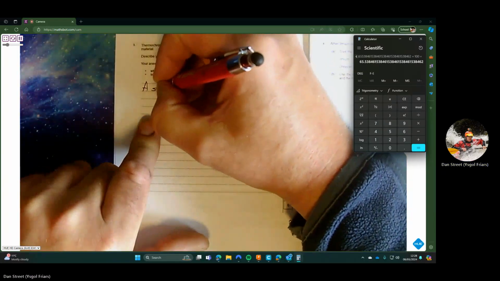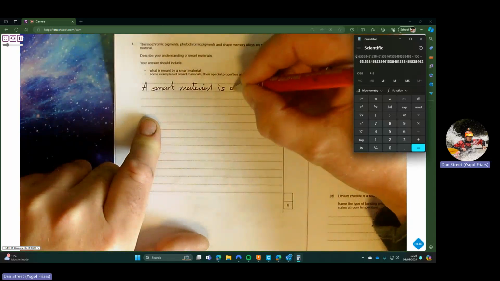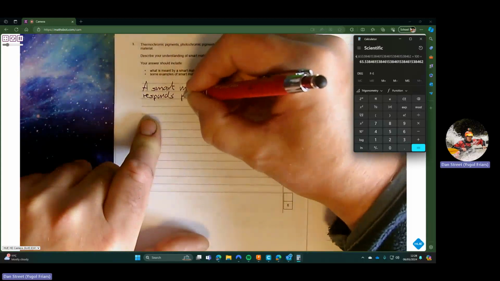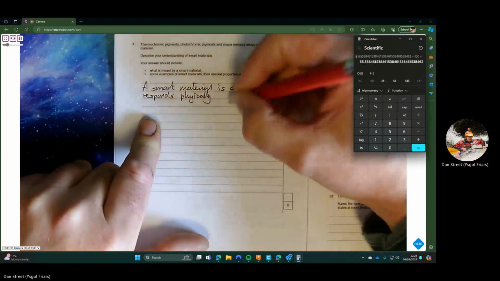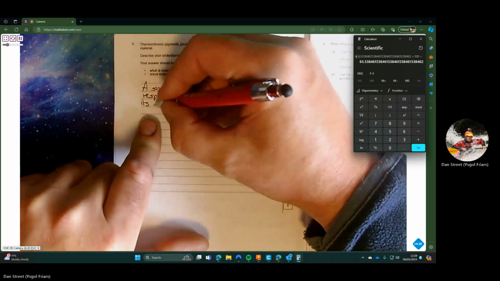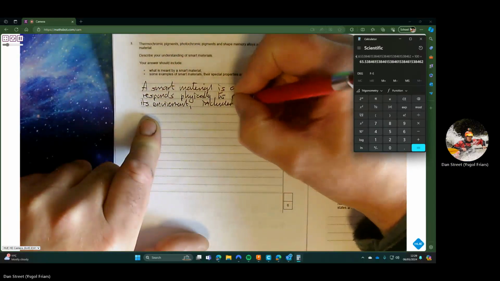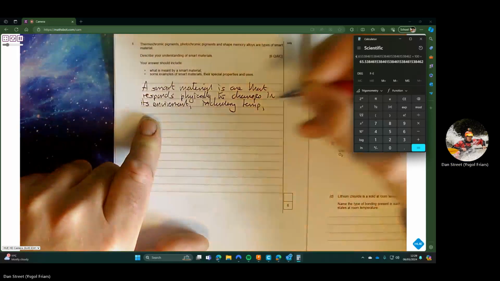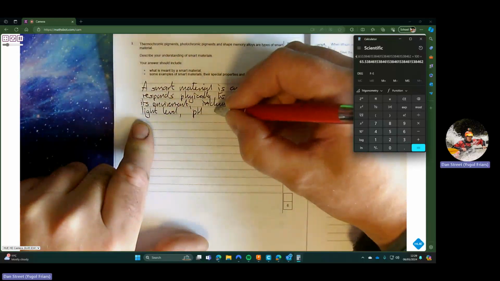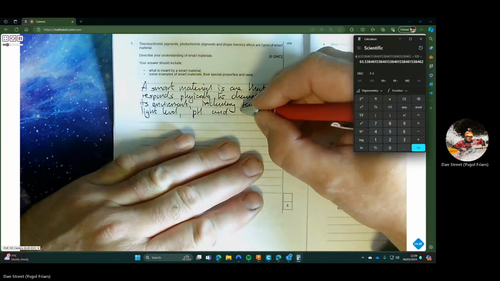So a smart material is one that responds physically to changes in its environment, including temperature, light level, pH, and saturation of water.